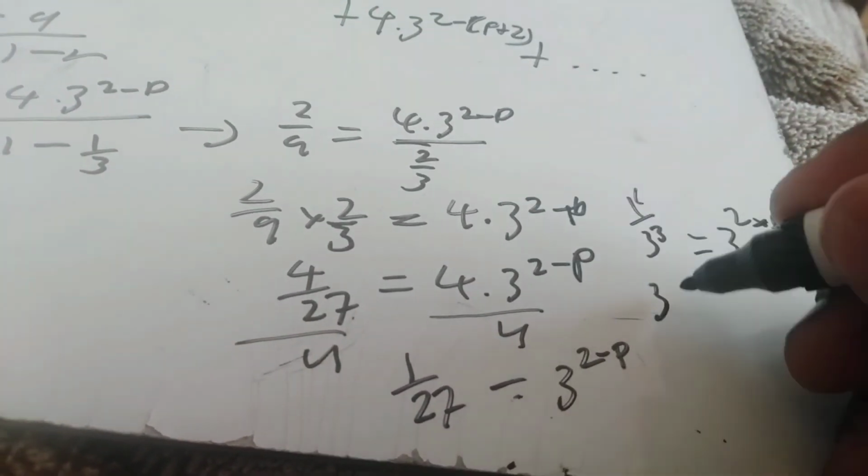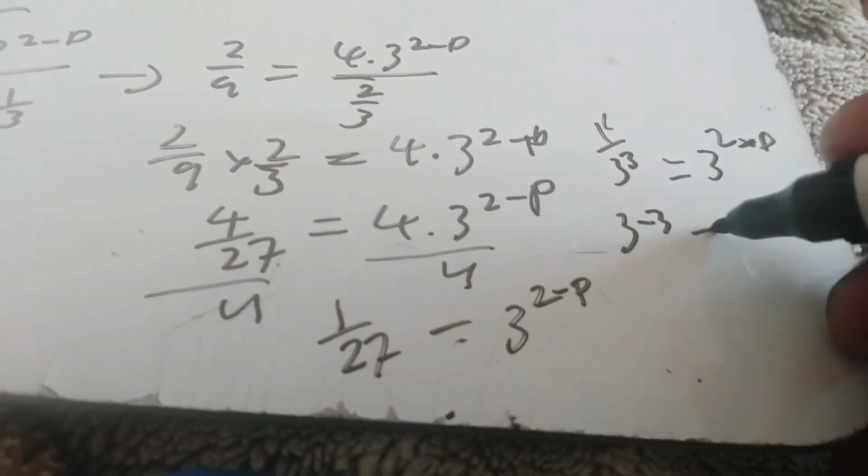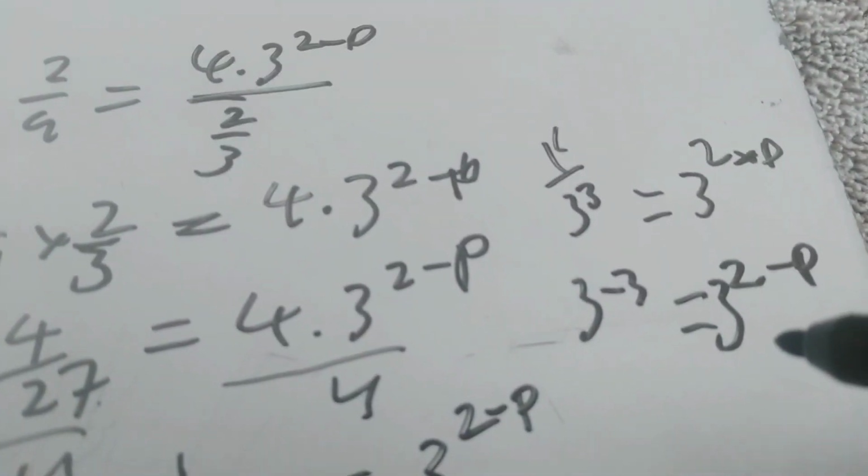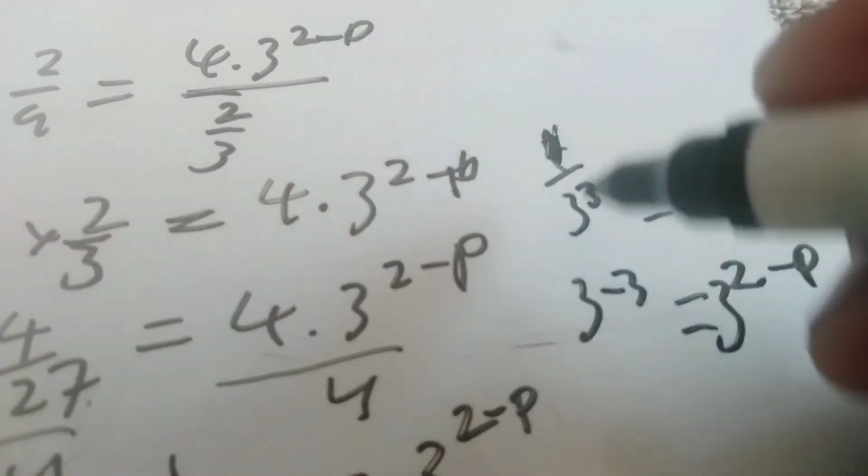This is exactly the same as 3 to the power of negative 3 equal to 3 to the power of 2 minus p. Remember, 1 over 27 just became 3 cubed when you break it down, and then this becomes that.